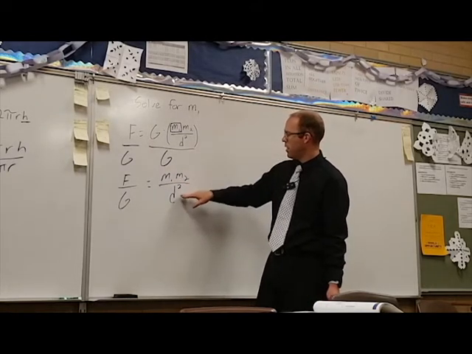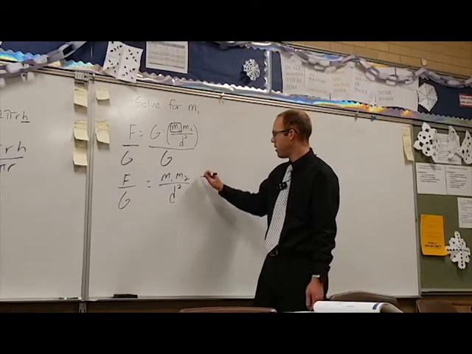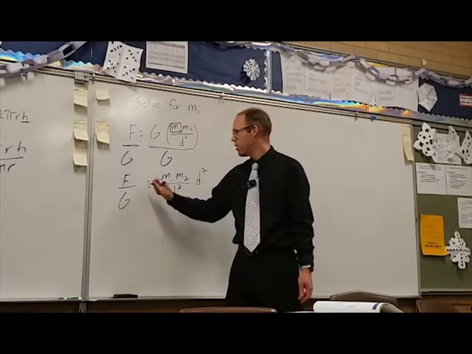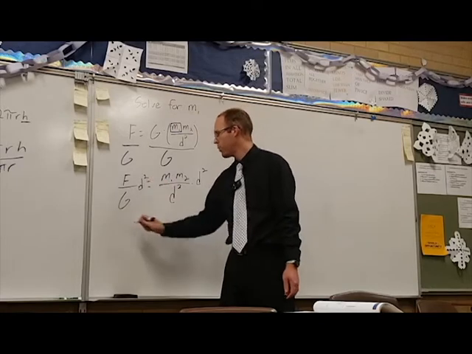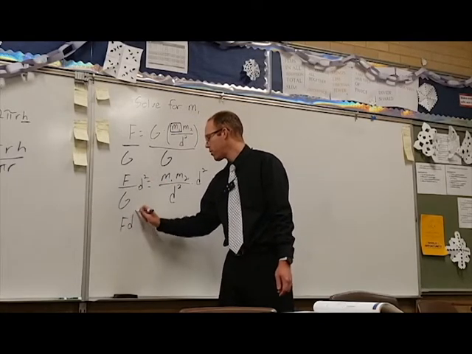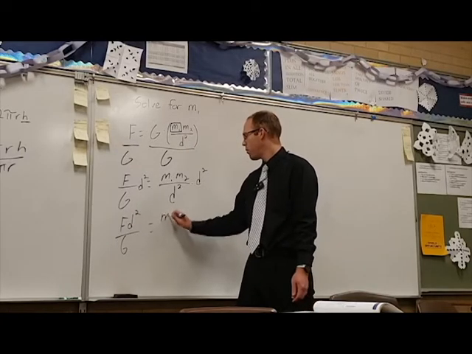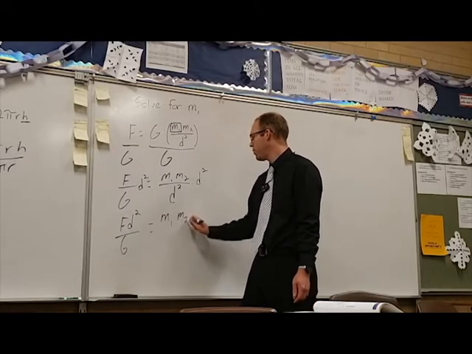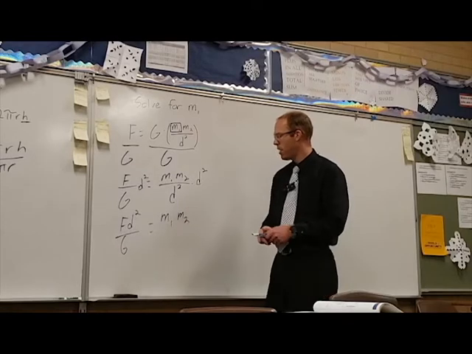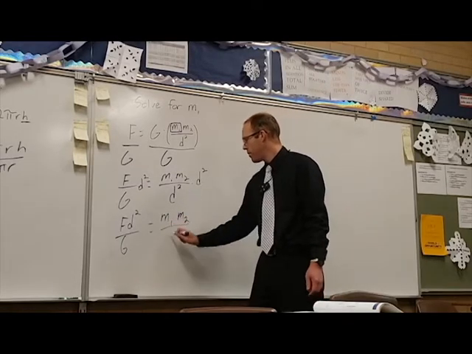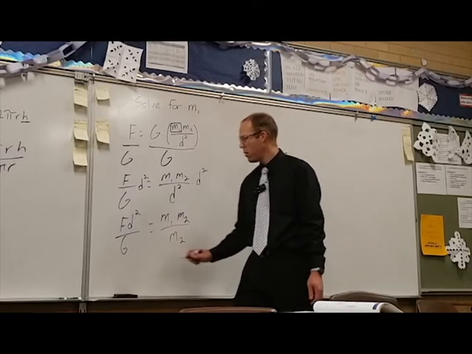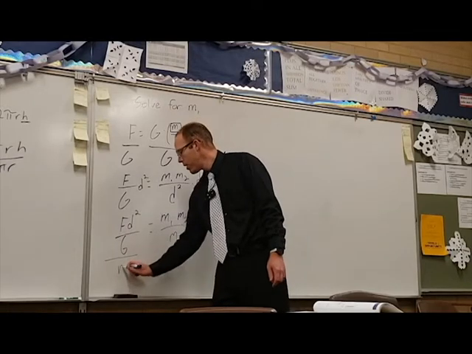equals m1 times m2 over d squared. We're going to eliminate the d squared by multiplying by d squared. Multiply this by d squared. We get f d squared over g equals m1 times m2. And finally, we can finish this out by dividing by m2 to solve for m1. Divide by m2.